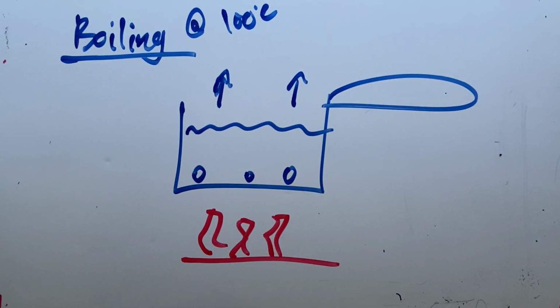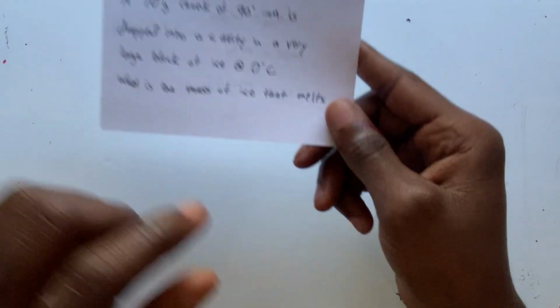All right. So now I kind of want to talk about two problems in the Mastering Physics homework. I think they're like two of the last problems. So here's one of them.